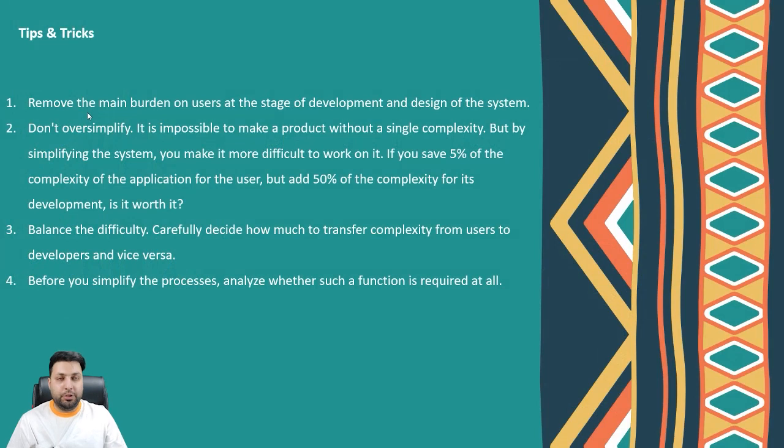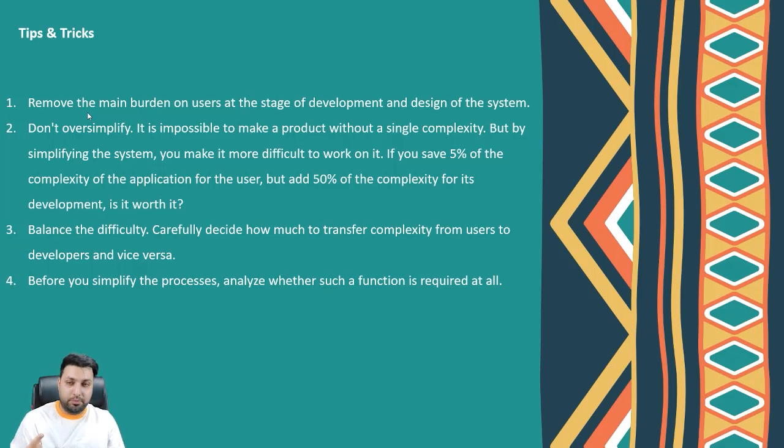So here are tips and tricks. Remove the main burden from users at the stage of development and design of the system. Don't oversimplify. It's impossible to make a product without a single complexity, and by simplifying the system, you make it more difficult to work on. If you save 5% of the complexity of the application for the user, but add 50% of the complexity for its development, is it worth it?